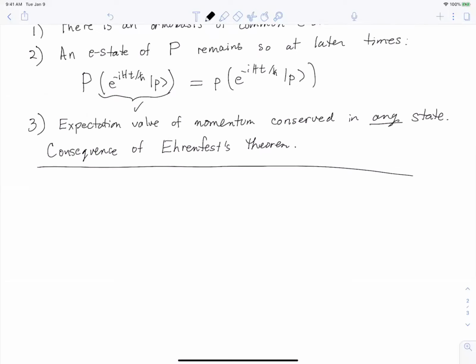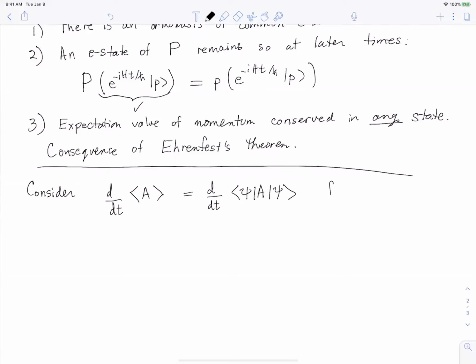Ehrenfest's theorem is not just concerned with momentum operators, but with any operator, and it talks about what happens to the time evolution of any operator. So let's consider the expectation value of any operator. So let's consider the time derivative of the expectation value of an operator A, an observable A, which is defined to be the time derivative of the matrix element psi A psi.